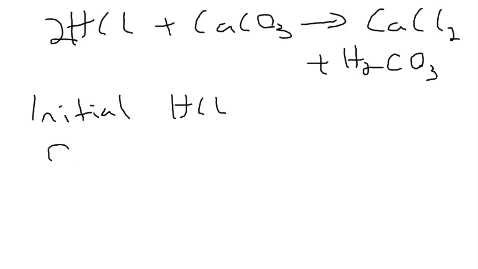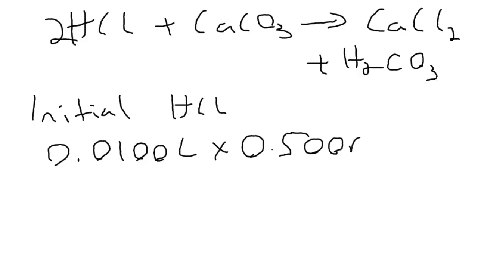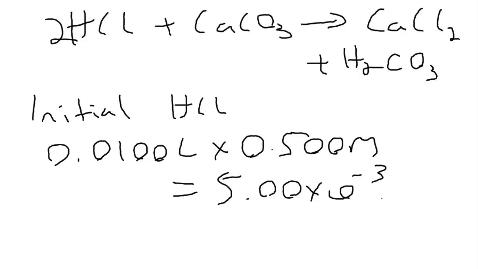So we'll do 0.0100 liters. Multiply that by the concentration, which was 0.5, and that'll tell us how many moles. In this case, it's going to be 5 times 10 to the minus 3. Okay, and we'll come back to that later.